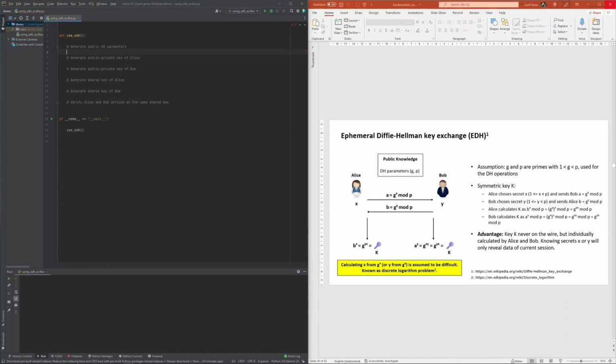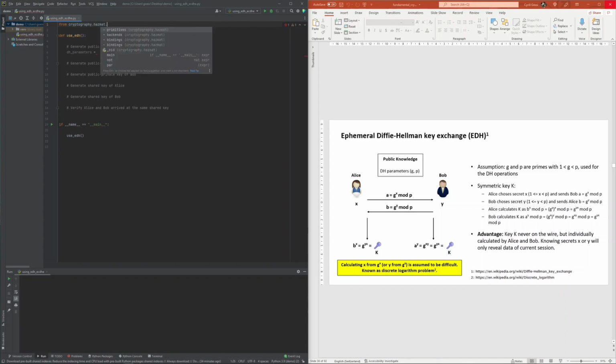The first step is to generate public Diffie-Hellman parameters, where I, for demo purposes, opted for a prime number P only of size 512 bits, whereas in production, the prime number should at least be of size 2048 bits.